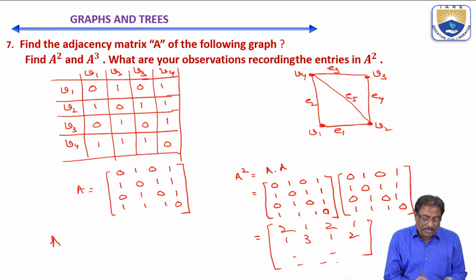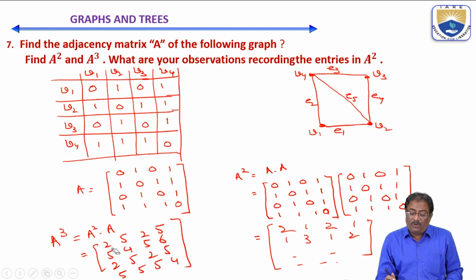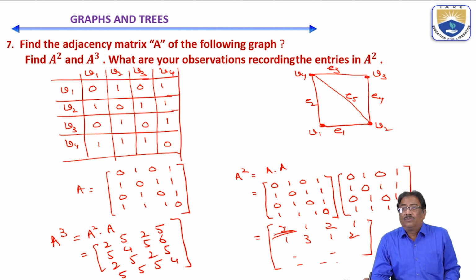Now similarly you can write A cubed as A square into A. With a similar process we are going to get 2, 5, 2, 5, then 5, 4, 5, 6, like that. So from this, what we are going to observe in A square or A cubed is, suppose V1 to V1, the path length is 2.